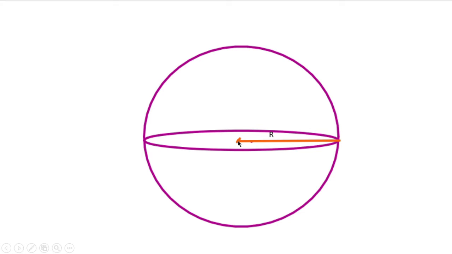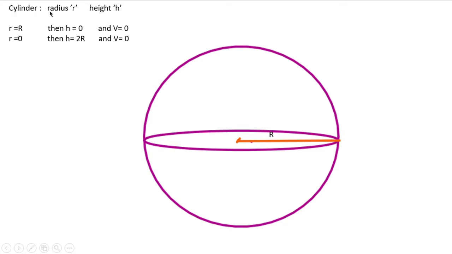If the radius is till here only, then it is 0. If it is this, then it is 0. That means the cylinder which will have the maximum volume has a radius ranging between 0 and capital R, and we have to find that out. So what did we conclude till now?